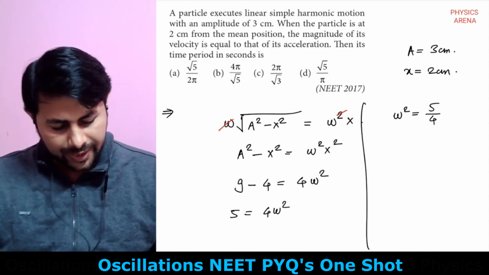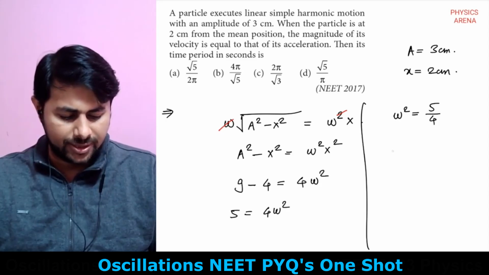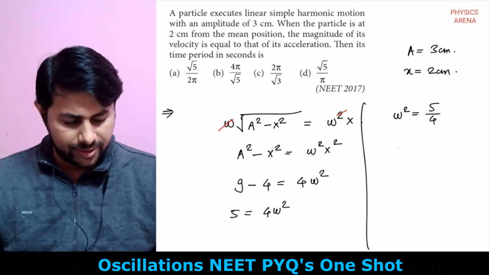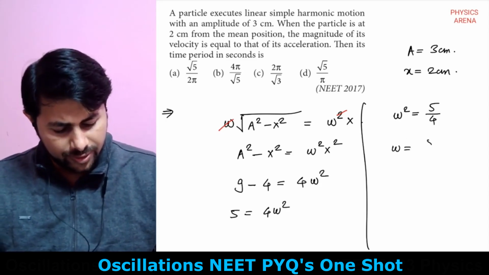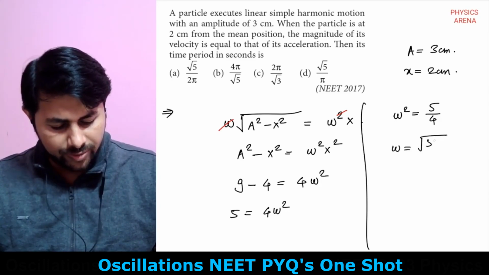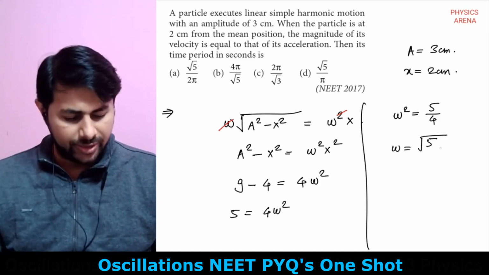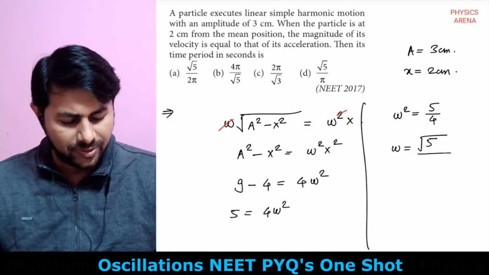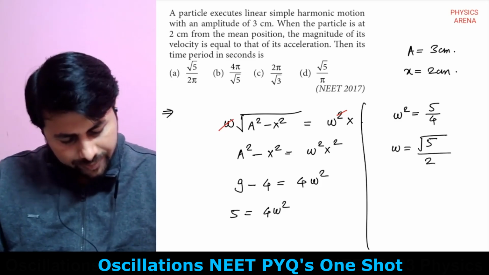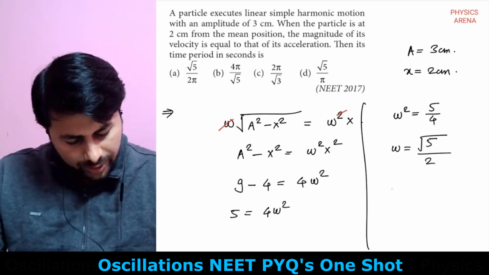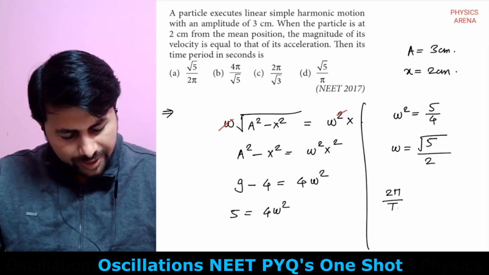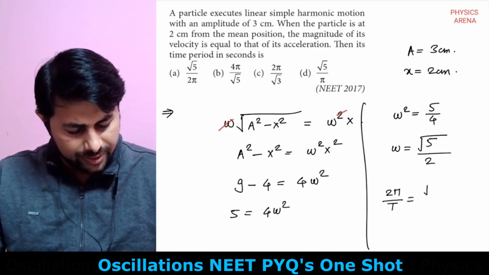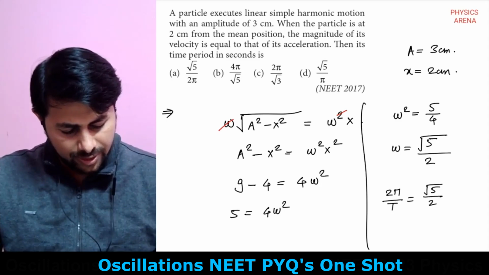And you want time. So this is 2 pi upon T, squared. Okay, so let's take square root. Omega equals square root of 5 divided by 2. So 2 pi divided by T is square root of 5 by 2.